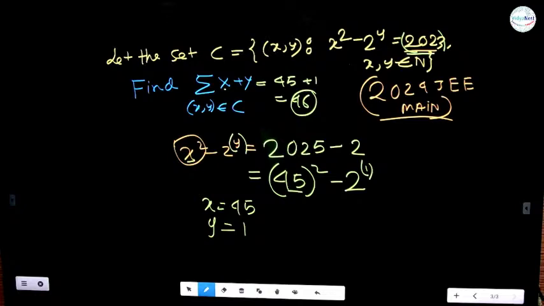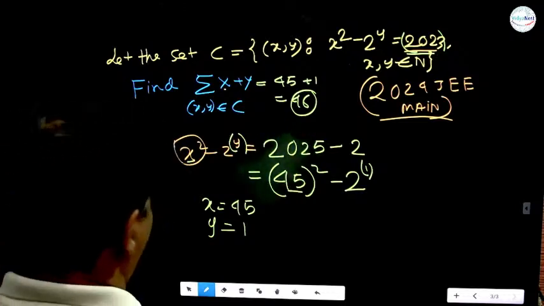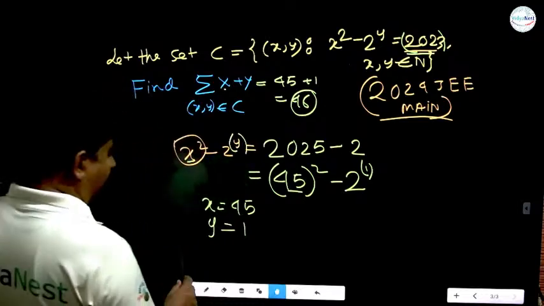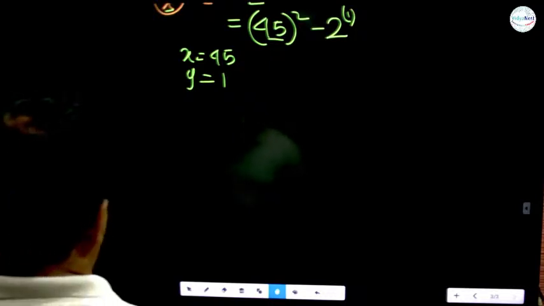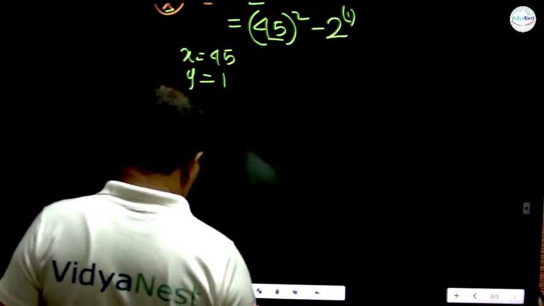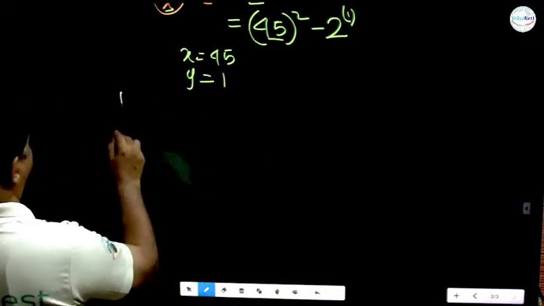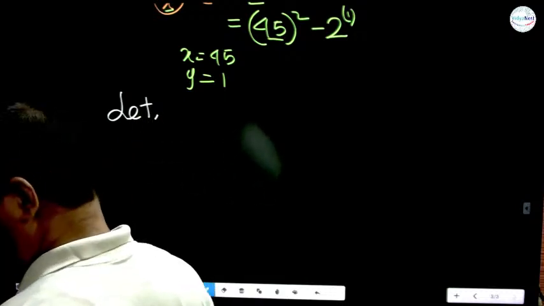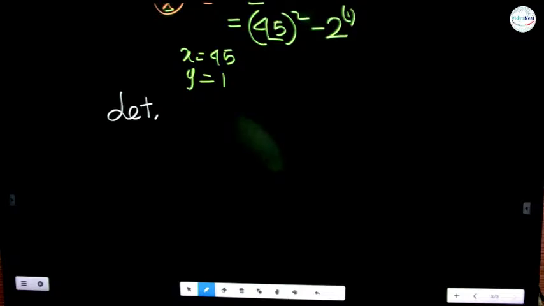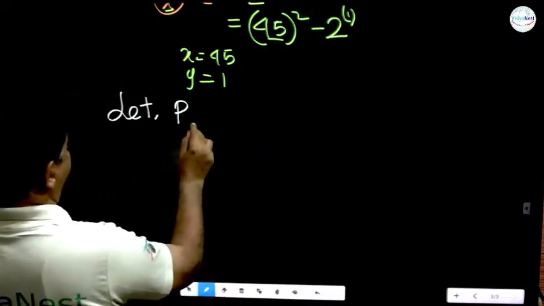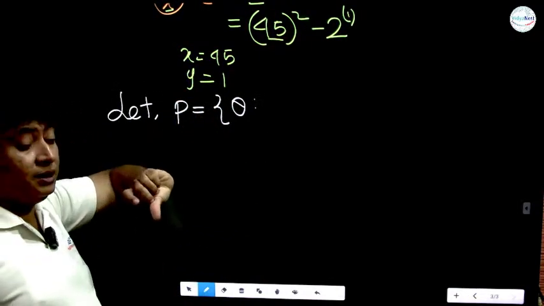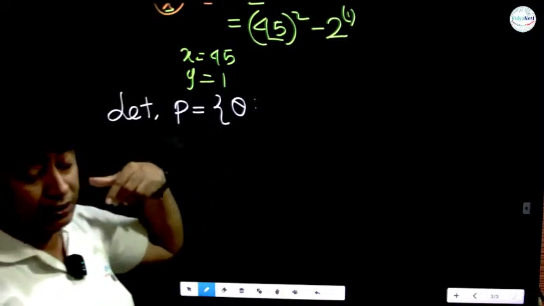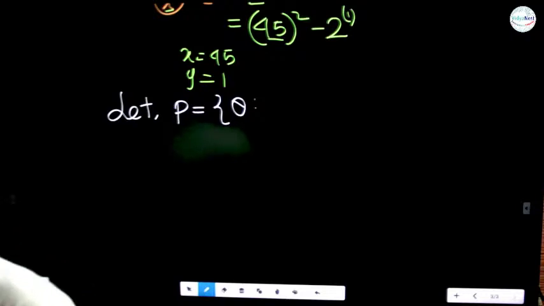Next sum, which can involve a little bit of trigonometry, but it is also related to JEE. Let P be a set which contains the elements denoted by theta. Now what criteria of theta is given? What type of number is this theta?